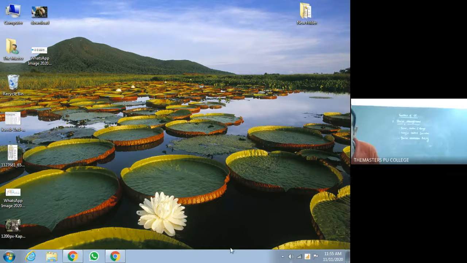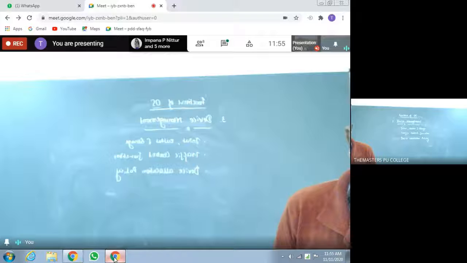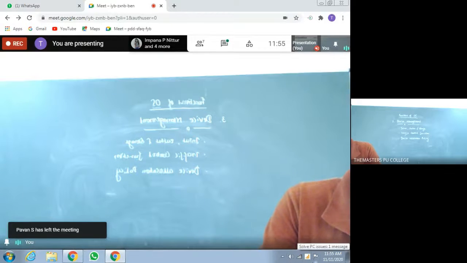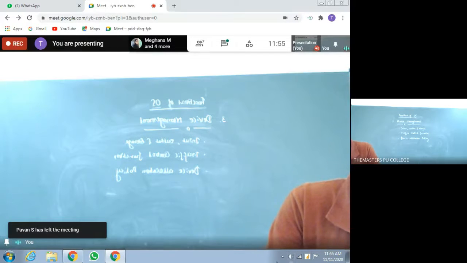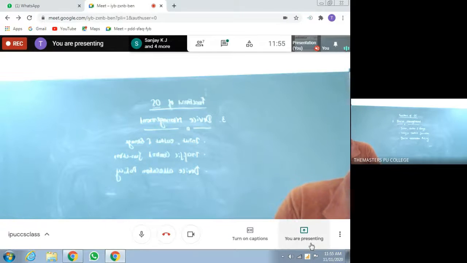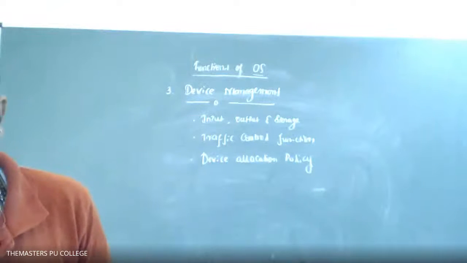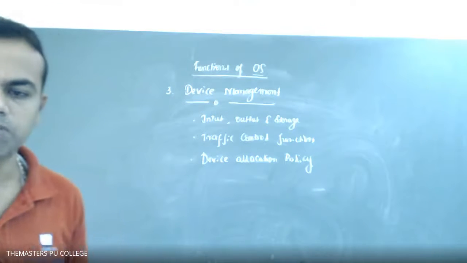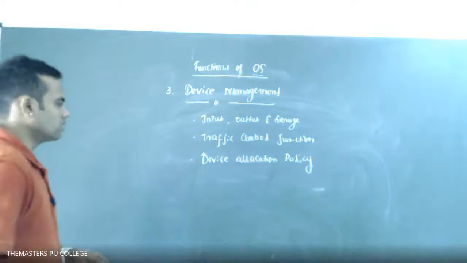We are not getting the message here. When you connect a pen drive or any USB drive, the system tray automatically shows the information that a new device has been connected. It's not connecting; there is some problem with the USB. I will show it in the upcoming classes.